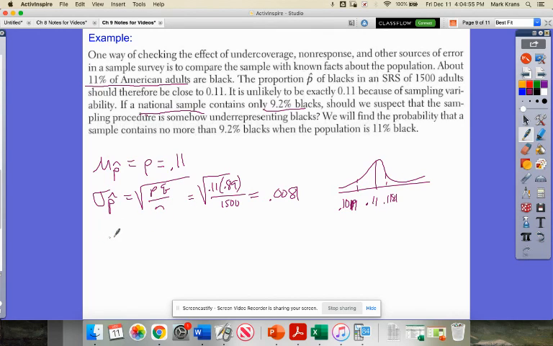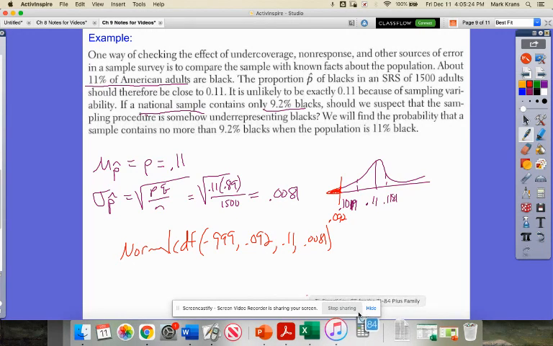And I can say, what's the probability that I'm getting something less than 0.092? 0.092 is probably way over here, so I'm expecting a really small probability of being below 0.092. So I would do normalcdf of negative 999, comma, 0.092, comma, my mean, comma, my sigma.